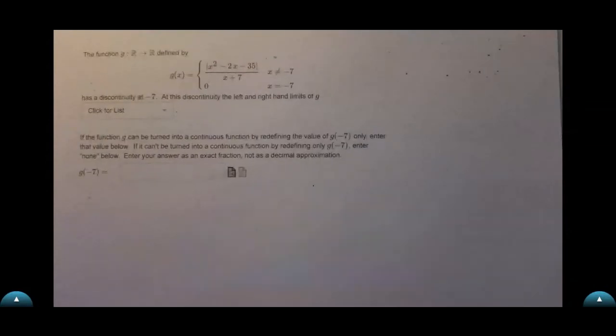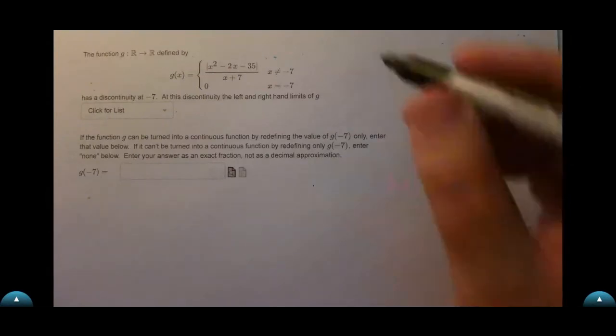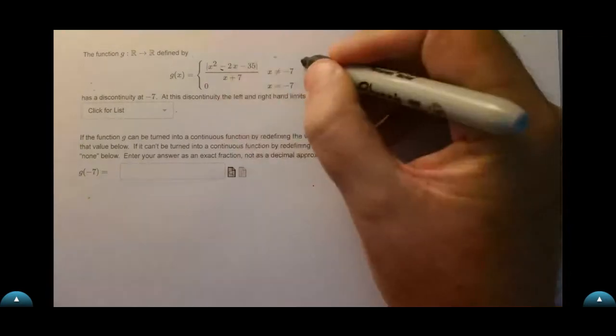All right. Another split function. Here's our g of x. It says it has a discontinuity at x equals -7. What happens to the left hand and the right hand limits at this point? One way of doing this is just to see if you can factorize, right?